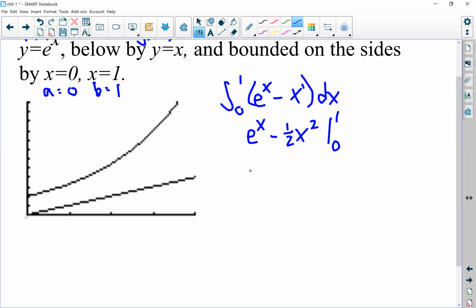So we would get e to the first. One thing to be aware of on the AP exam, they might just write e without an exponent, with the understanding that if there's no exponent, it's a 1. Minus 1/2 times 1 squared.